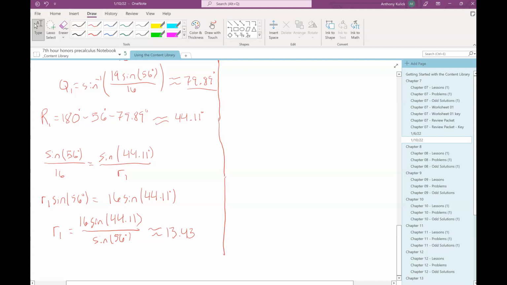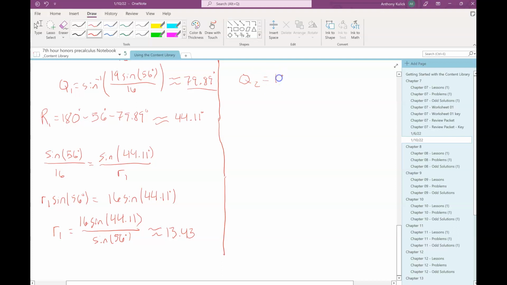Now, the obvious question is, okay, how do I start getting this second triangle now, right? Well, it turns out the second triangle is actually less work than the first triangle. We really only need to use the law of sines once inside the second triangle. And the reason is that there's a nice relationship between this first angle that we found.